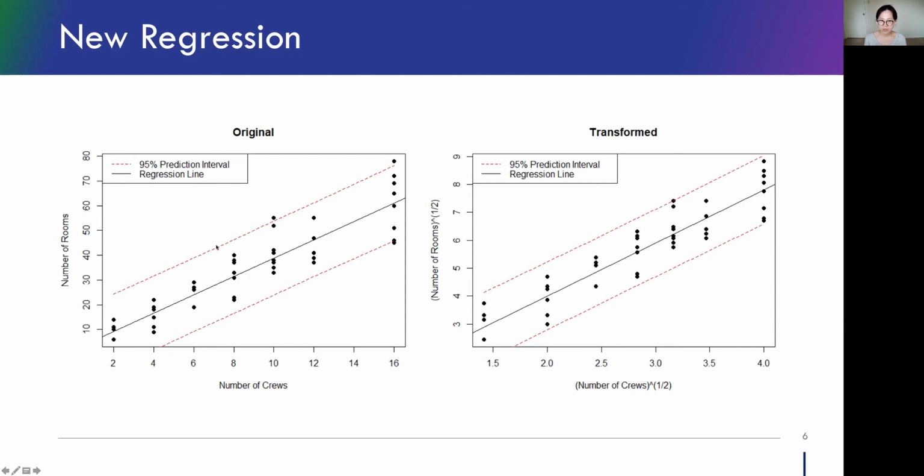So comparing these two plots, original and transformed. First of all, the scale for both X and Y is different because we have already taken the square root of both X and Y. And also, just by looking at the prediction interval, you might notice that the interval is closer to our data when you compare it to the original.